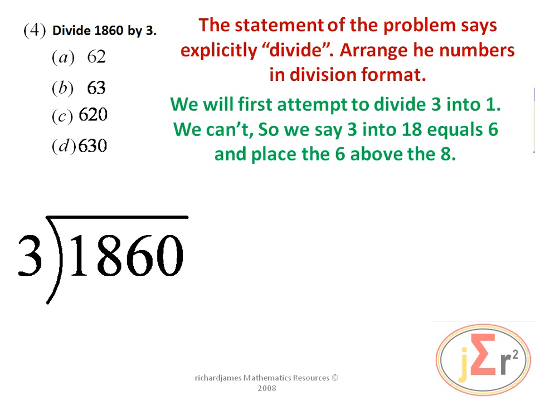So if we say 3 into 18, we ask what number do we multiply by 3, and the result is 18. The result is 6. Therefore, 6 will go there, placed above the 8.